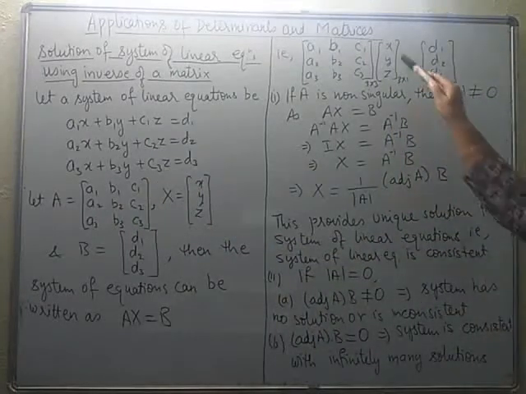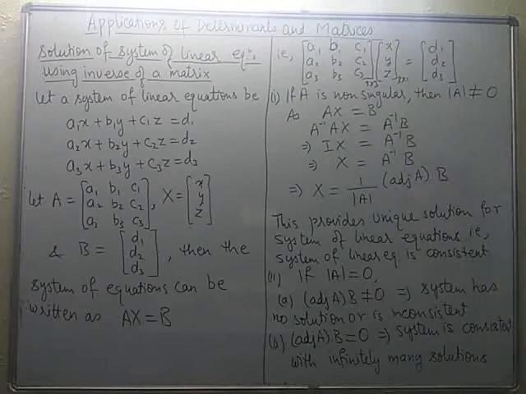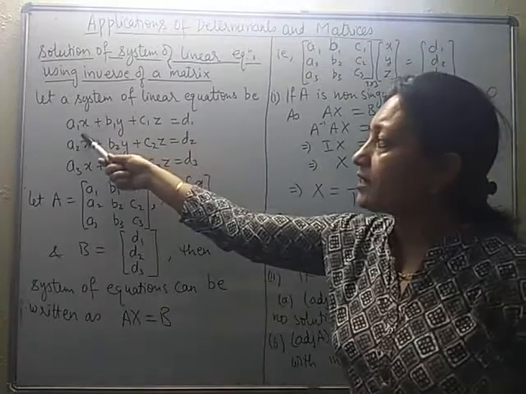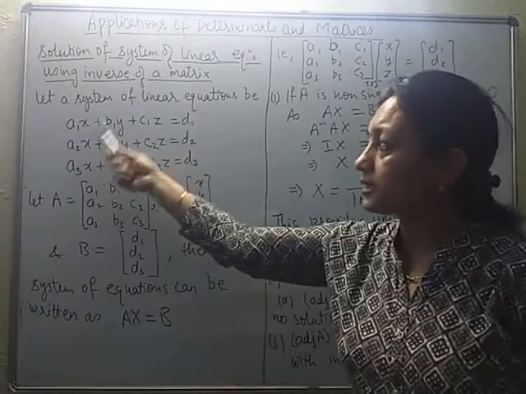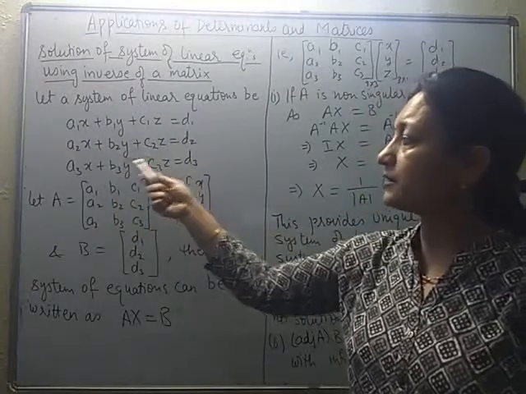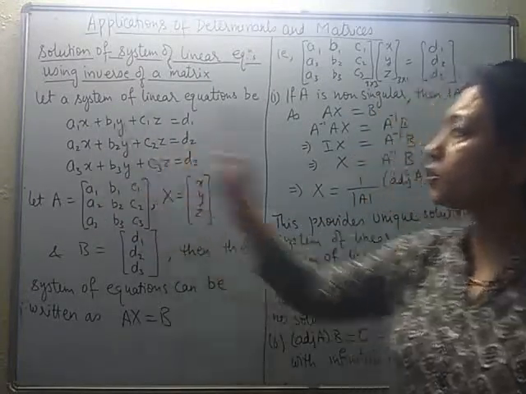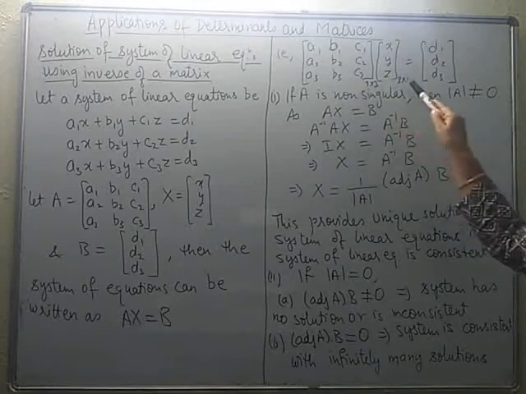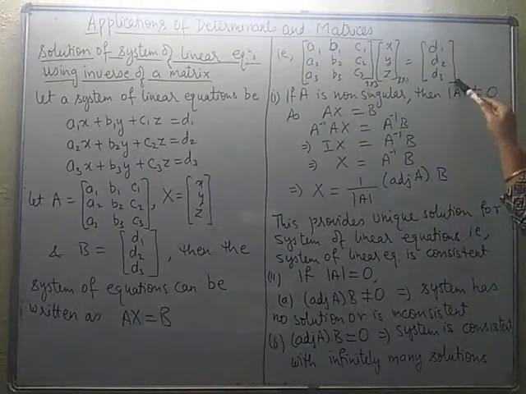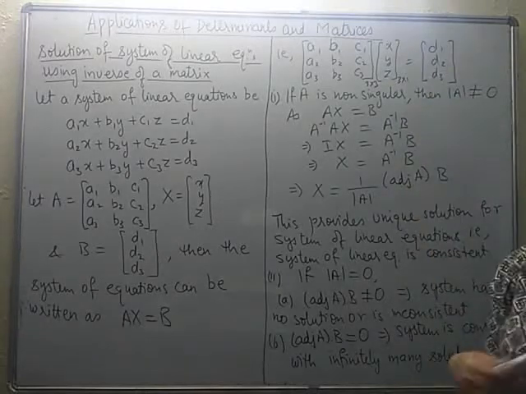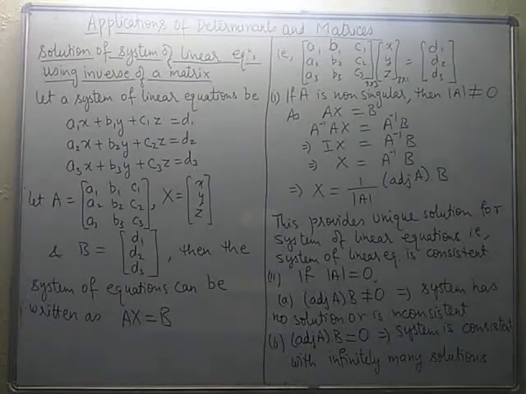So what are we getting? On the left hand side we are getting a matrix which will have the first element as this in the column, the second element this, the third this. So on the left we are going to get a matrix of order 3 cross 1. On the right also there is a matrix of 3 cross 1 and they both are equal. And when two matrices are equal, that means their corresponding elements are also equal.